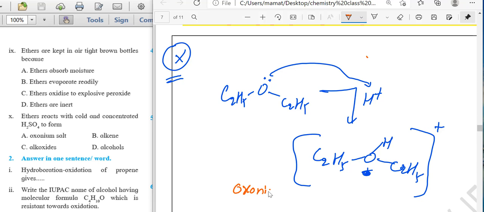Oxonium salt we can say, right? SO4 is there, no? Sulfuric acid, SO4 2 minus will be there, okay, taken twice. So salts. So A is the correct answer, right? The next question we can see in the next video.